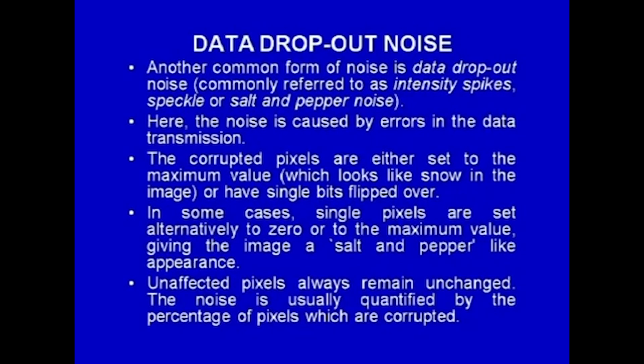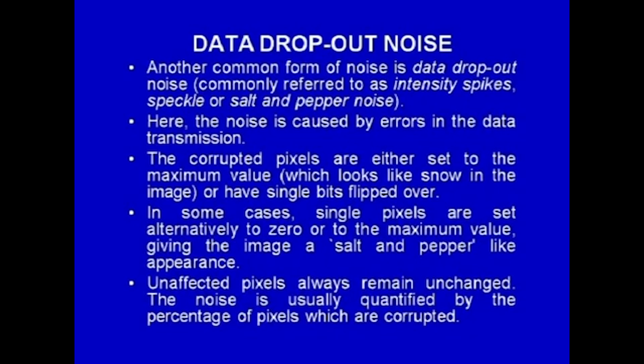Another common form of noise is data dropout noise, commonly referred to as intensity spikes, speckle or salt and pepper noise. Here the noise is caused by errors in the data transmission. The corrupted pixels are either set to the maximum value, which looks like snow in the image, or have single bits flipped over.